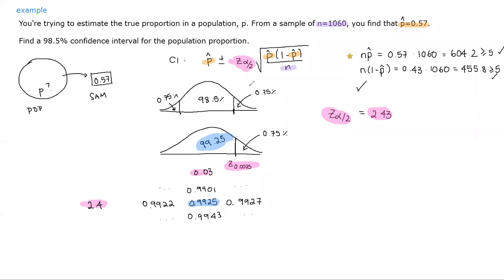So my confidence interval, now that I know how to plug everything in, will be 0.57 plus or minus 2.43 times square root of 0.57 times 1 minus 0.57, which is equal to 0.43, divided by 1060.